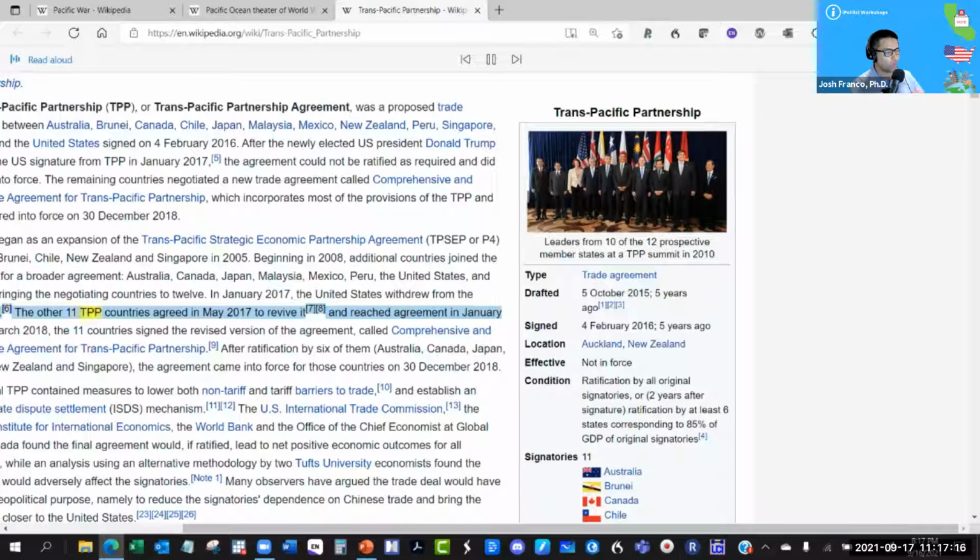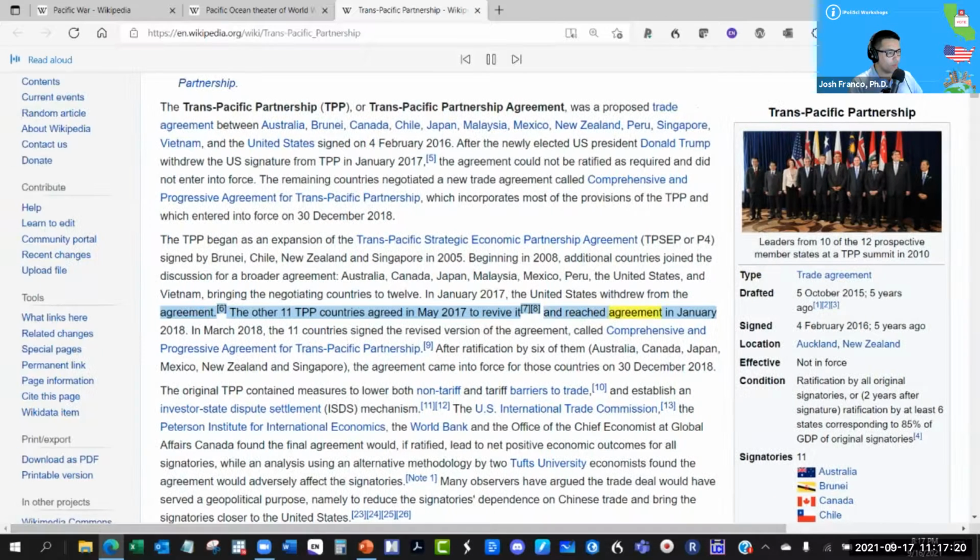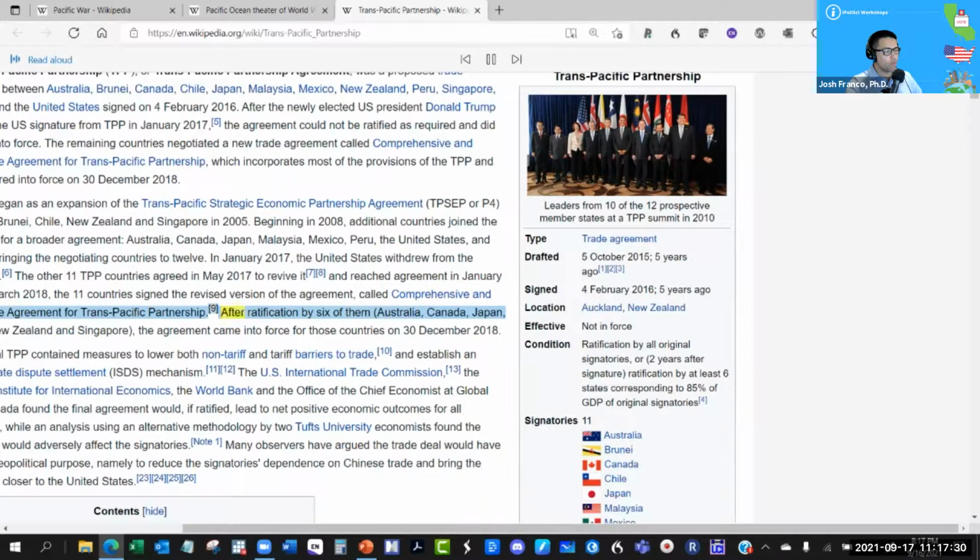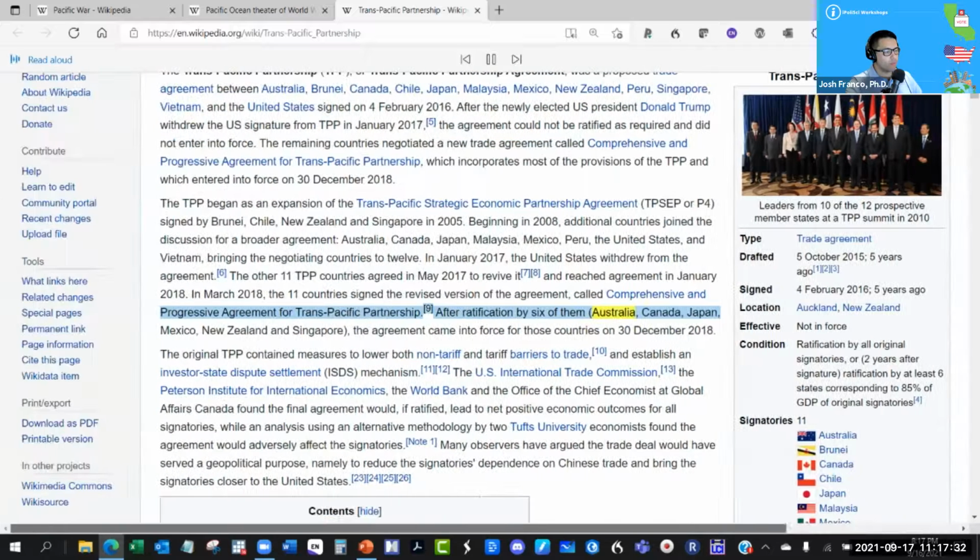The other 11 TPP countries agreed in May 2017 to revive it, 8, and reached agreement in January 2018. In March 2018, the 11 countries signed the revised version of the agreement, called Comprehensive and Progressive Agreement for Trans-Pacific Partnership, 9, after ratification by 6 of them, Australia, Canada, Japan, Mexico, New Zealand and Singapore. The agreement came into force for those countries on the 30th of December 2018.